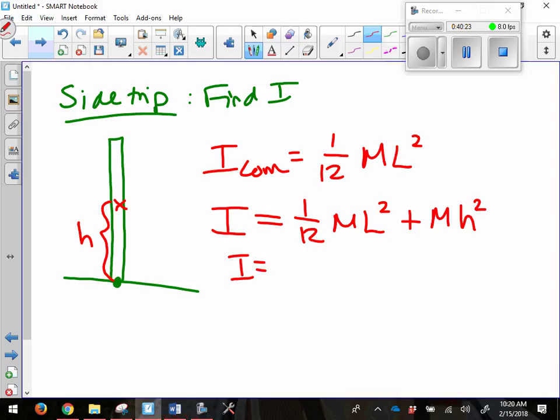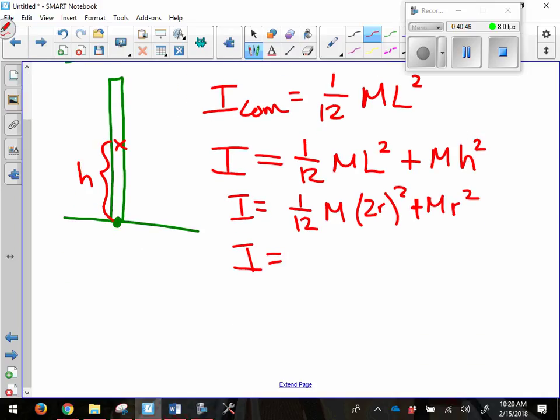Okay, so this is going to give me 1/12 m. What's L going to be in terms of R? Two R. Plus mr squared, which means we can probably do something with this, right? Because this is going to be 1/3 mr squared plus mr squared.